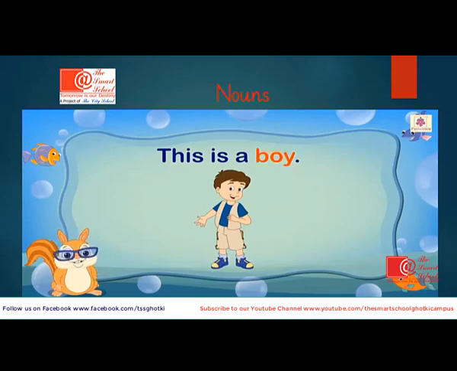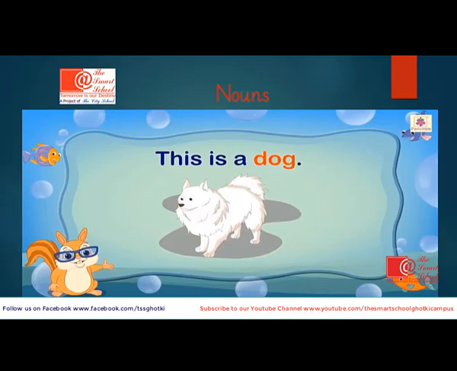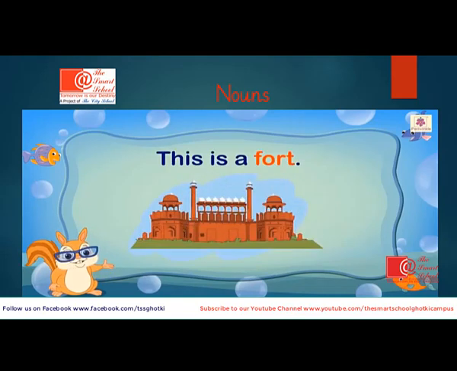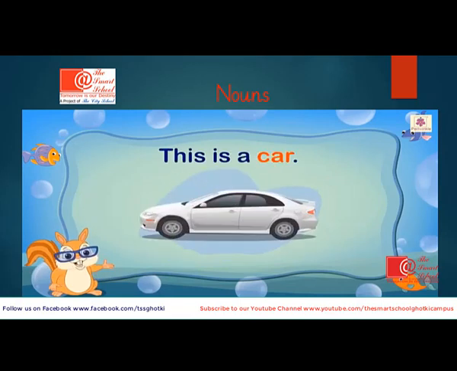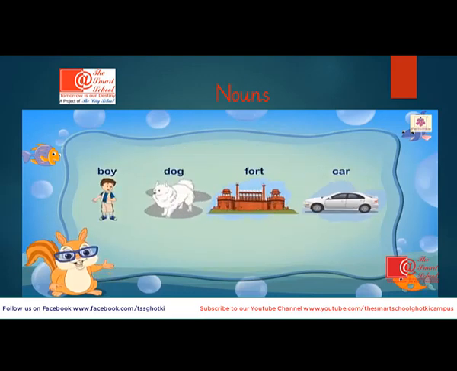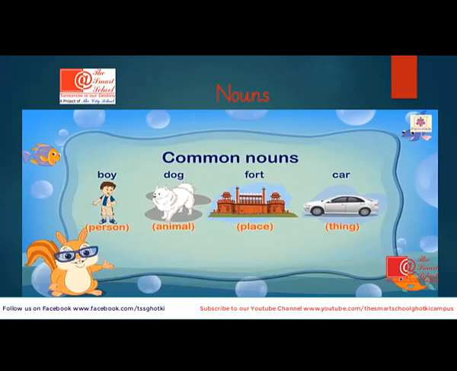This is a dog. This is a fort. This is a car. All these names are general names of a person, an animal, a place, and a thing. These are common nouns.